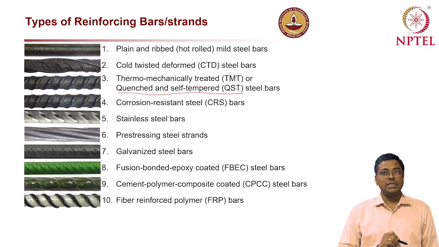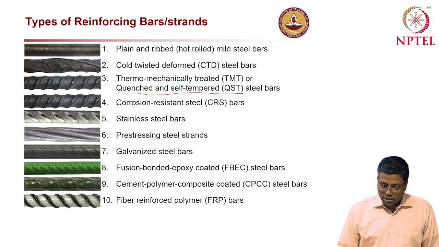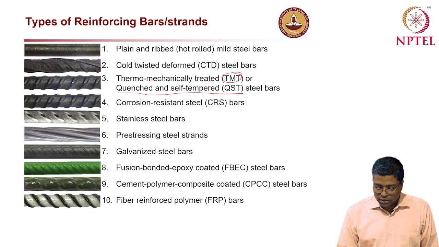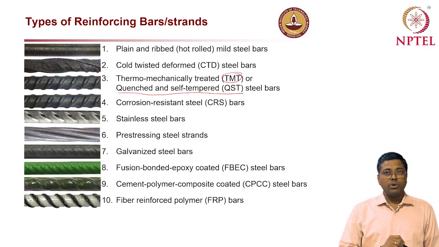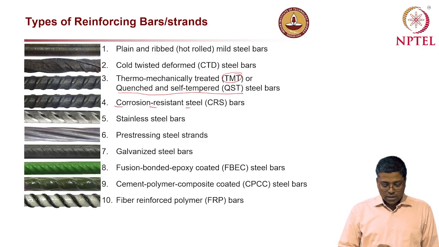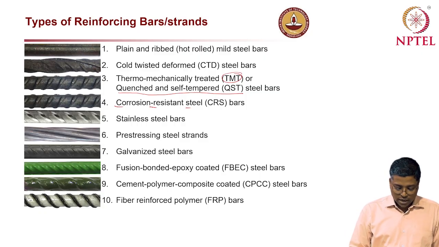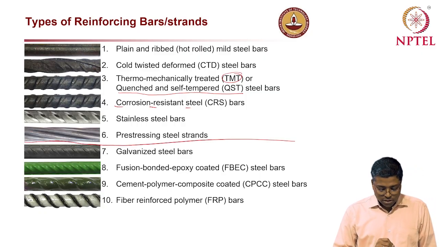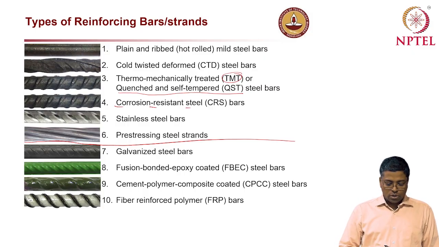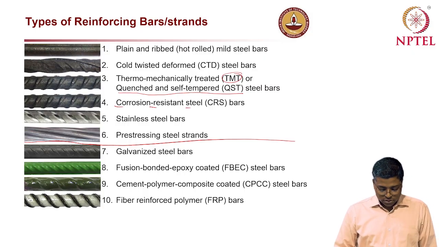It's QST steel rebars, but in India we call this TMT. And then we also have CRS rebars, which is corrosion resistant steel. And then we have stainless steel rebars and prestressing steel strands. So until here we will cover today in this lecture, and then we will move on to coated reinforcing systems.